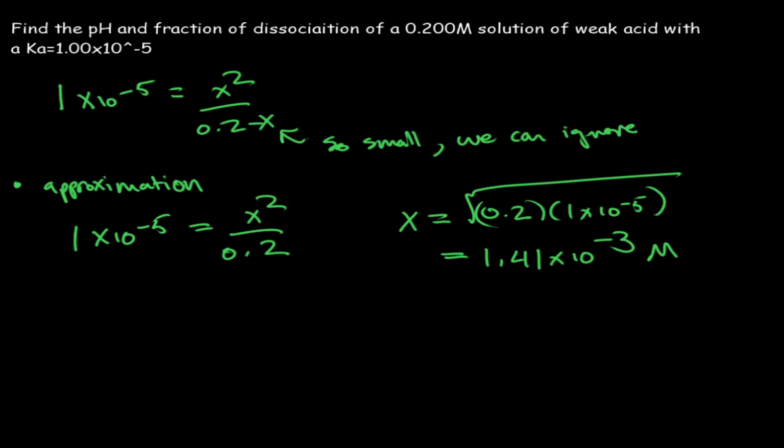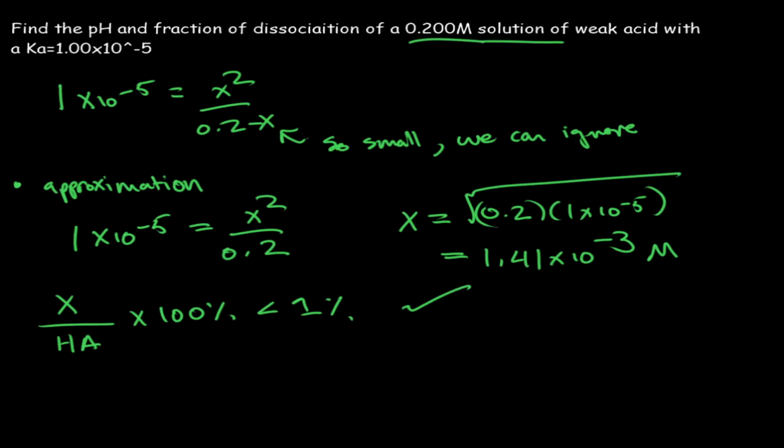And to check if this approximation can be done, we use something called the 1% rule, and some classes may use the 5% rule, but for this video we'll be using the 1% rule. What that means is we have to take our concentration of our X value and divide it by our HA, which is our initial concentration of the weak acid. If this value times 100% is less than 1%, then we can approximate.